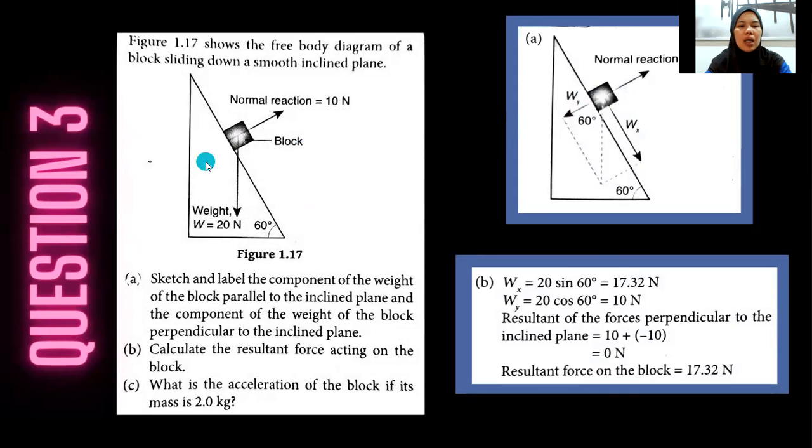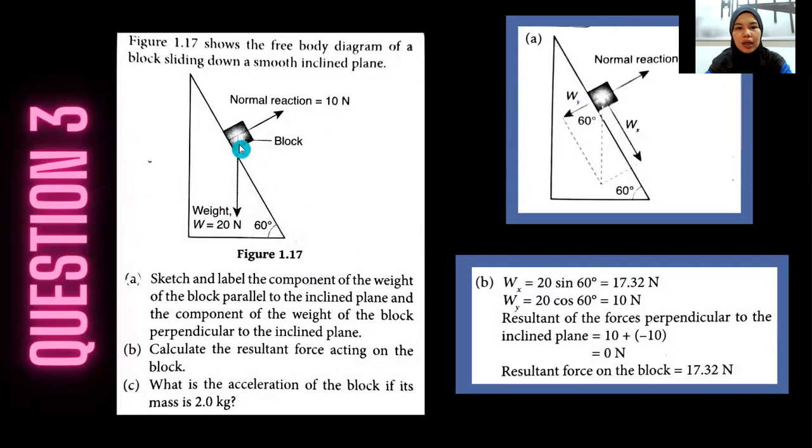This question is similar to question number 2. You need to find the main path, that means the direction of the box sliding, which must be downward.